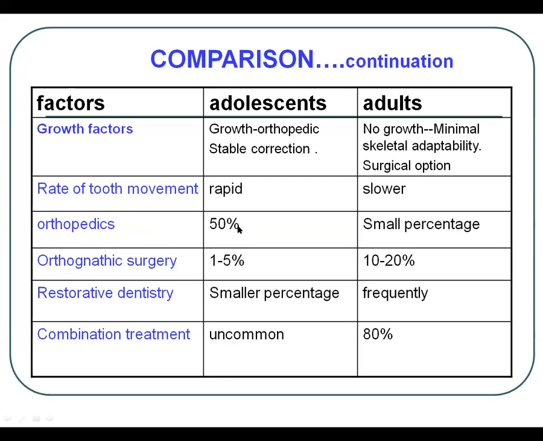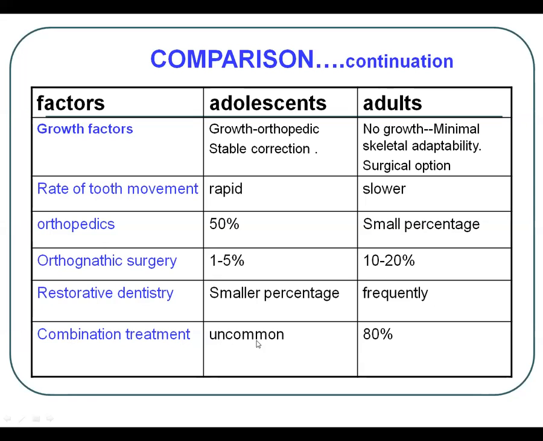Orthopedic appliances are used in 50% of adolescents; in adults we cannot use orthopedic appliances. Orthognathic surgery is required in a very small amount in adolescents, whereas in adults 10 to 20% of cases require orthognathic surgery. Restorative dentistry is needed in a smaller amount, whereas in adults it is more frequent.